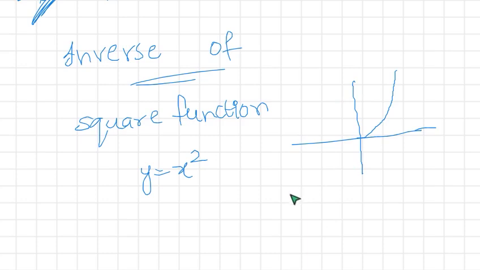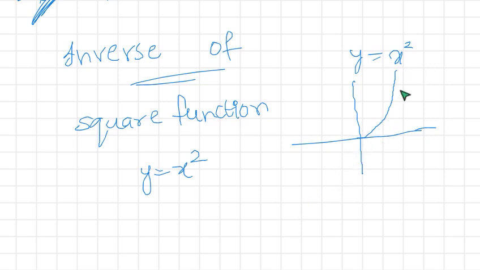So it feels like this is the x square graph. To draw the inverse, what to do? Reflect across y equals x.